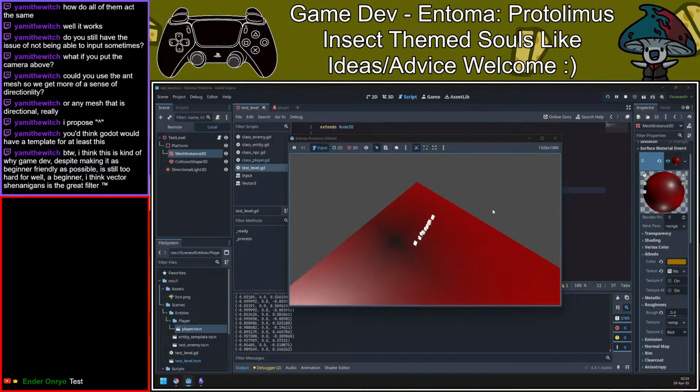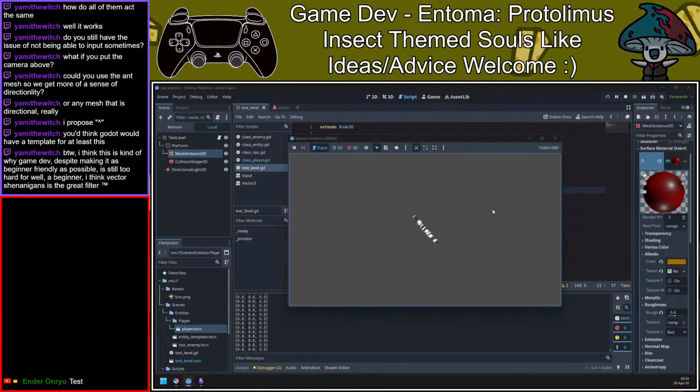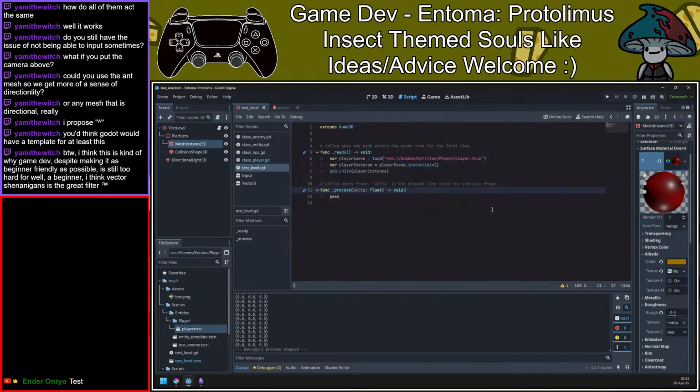Well, I mean, you don't really have to deal with vectors as much in a 2D game, I imagine. Because the camera doesn't rotate in any capacity. I mean, unless you want to turn the map upside down.